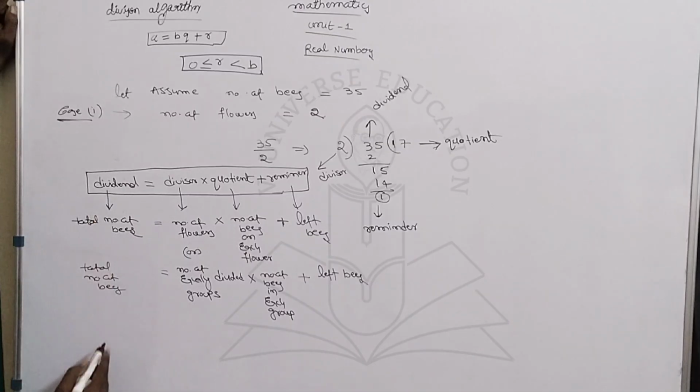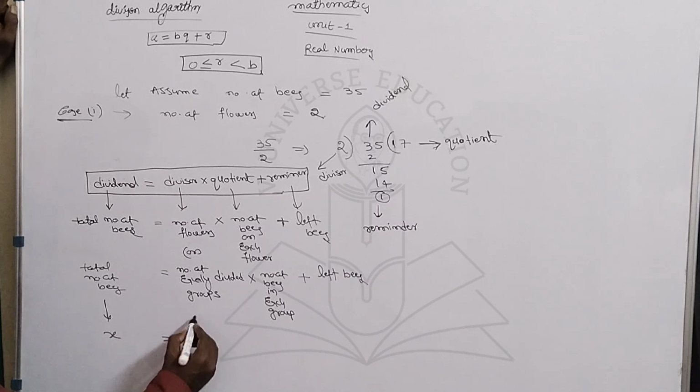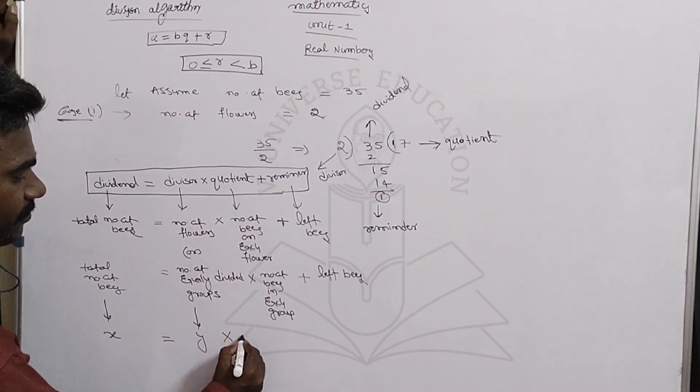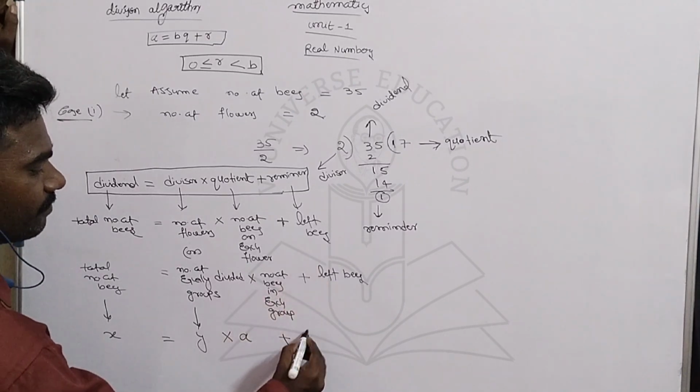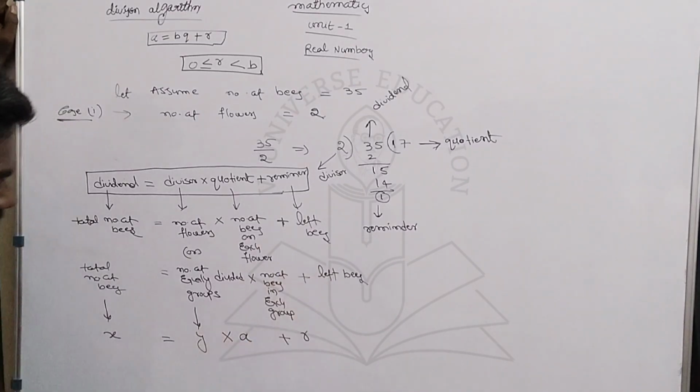Later, this total number of bees is represented with x, that is equal to the number of flowers, represented with y, into the number of bees on each flower, represented with a, plus this remainder, represented with r.